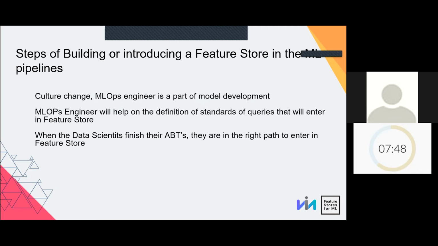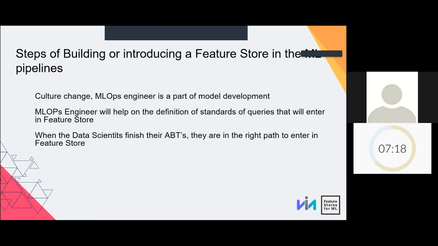And the second part is the MLOps engineer helping in the definition of standards. As I said before, machine learning engineers will help the data scientists adjust their queries to the standards that are necessary to enter the feature store. At this step, machine learning engineers will help data scientists define a strong key in their queries.